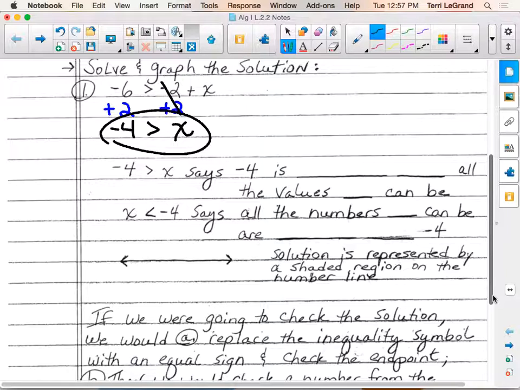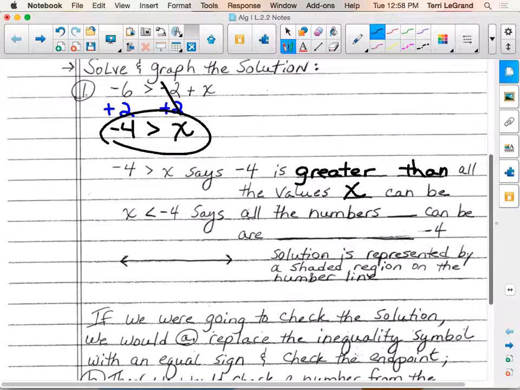-4 is greater than, we need to think in terms of what it is saying about the solution set. It is saying that -4 is greater than all the values x can be. So whatever you put in here for x, -4 better be greater than it.